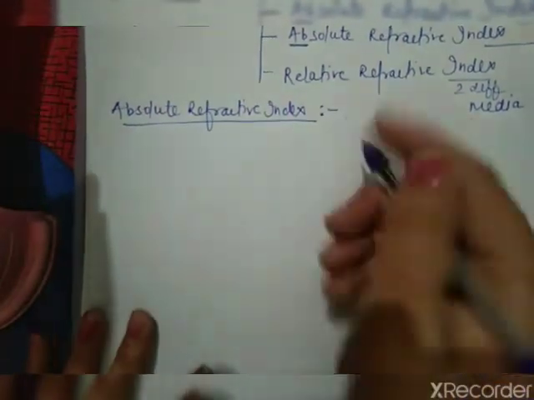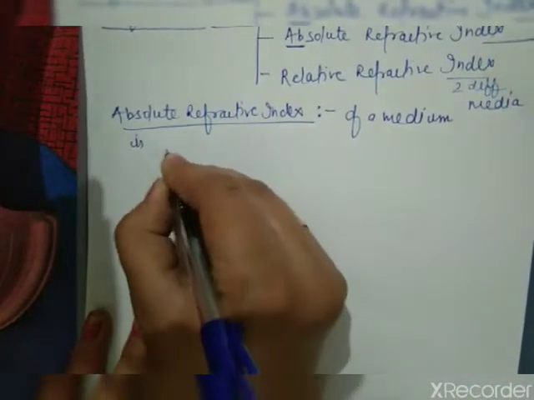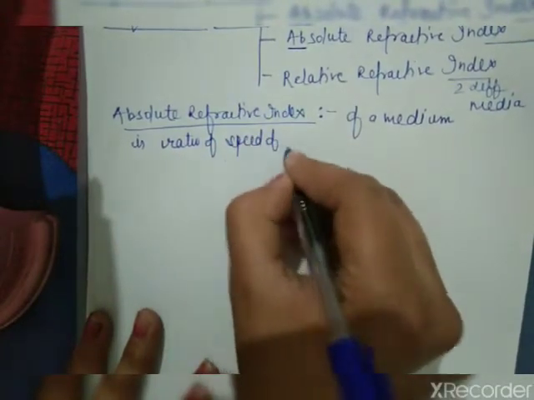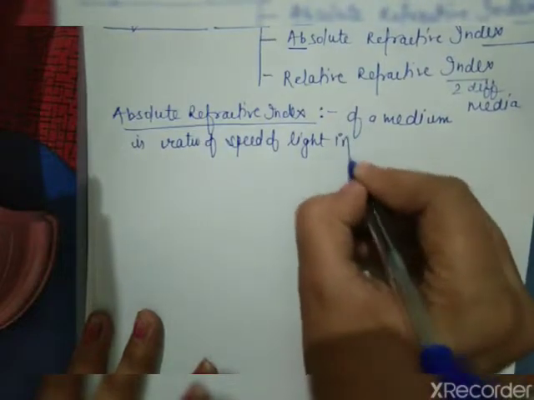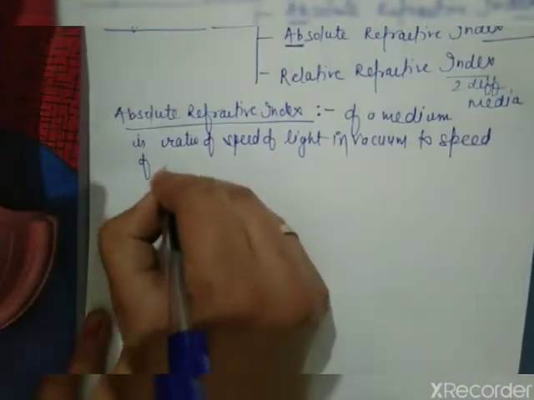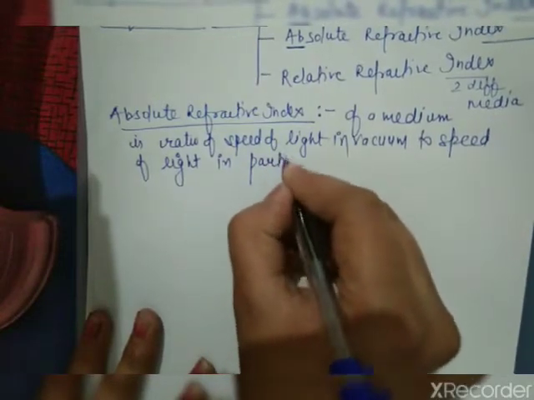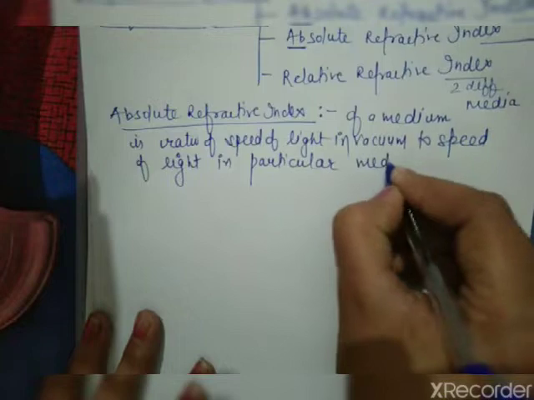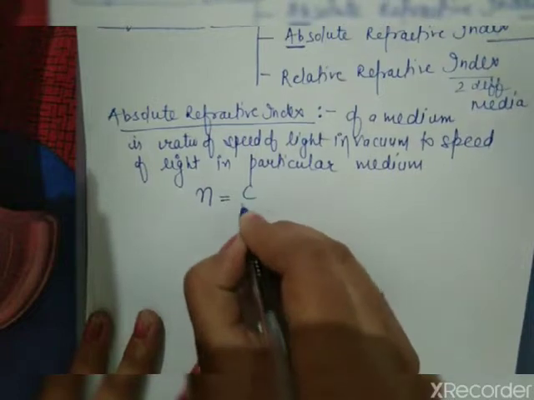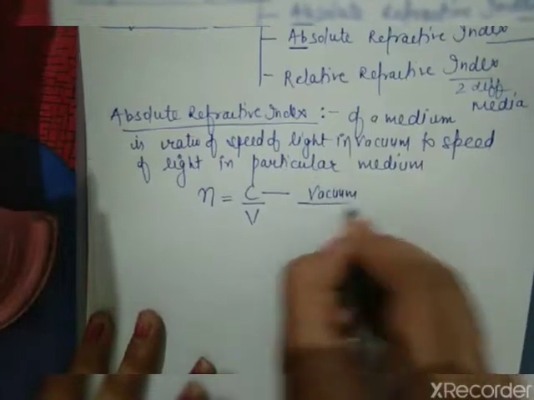Absolute refractive index of a medium is defined as the ratio of speed of light in vacuum to speed of light in a particular medium. Mathematically it is represented by n equal to c by v, where c is the speed of light in vacuum and v is the speed of light in the medium.